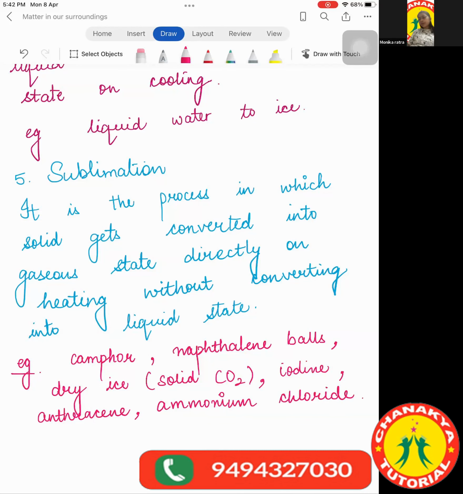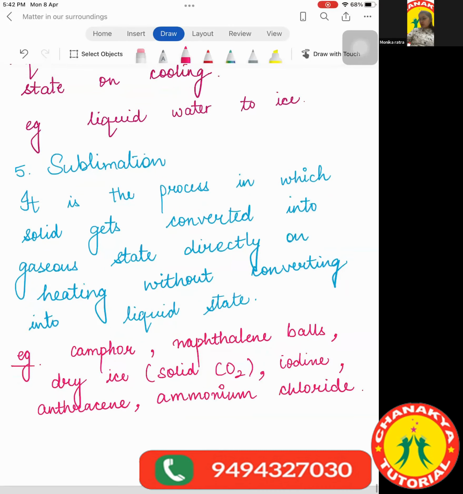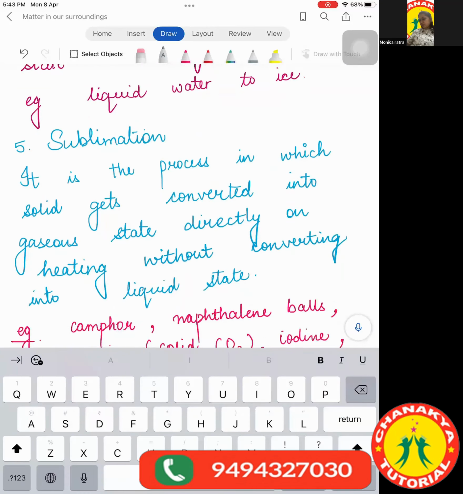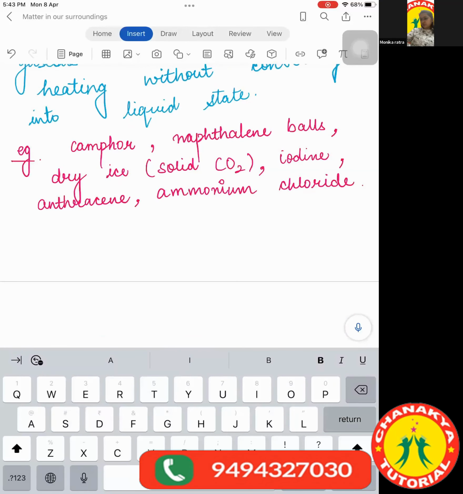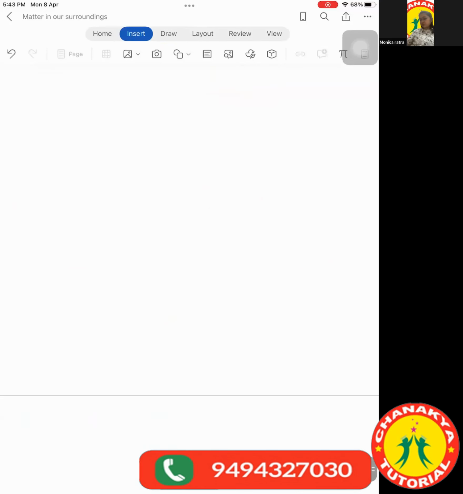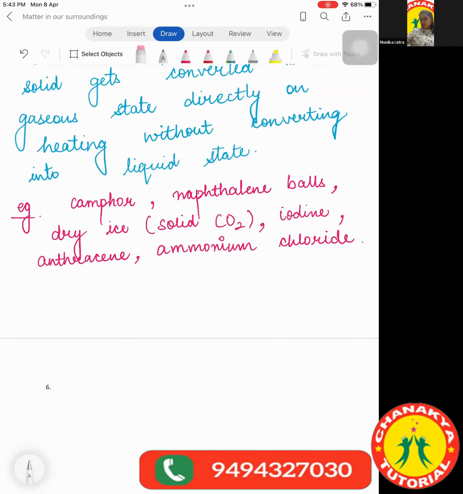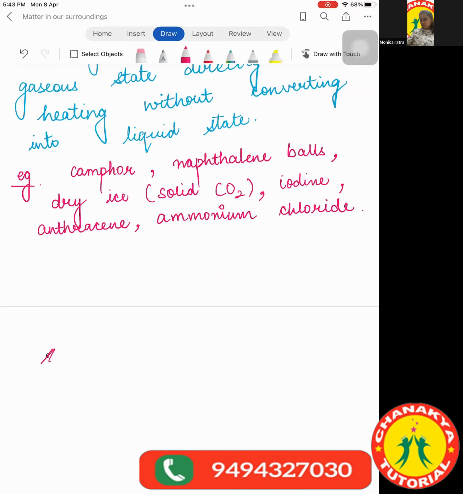Fine. Now let us come to the next one, which is deposition. After sublimation, the next one is deposition. So deposition is just the opposite of sublimation.